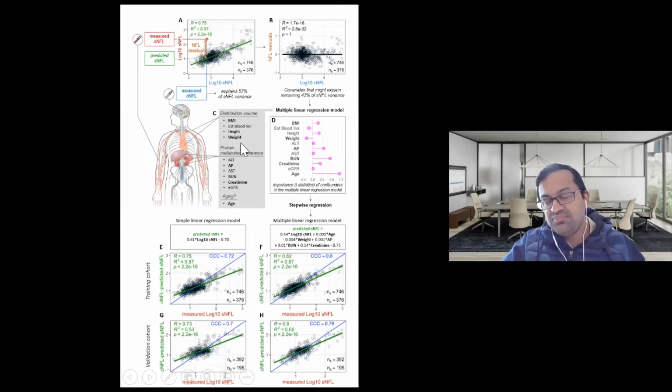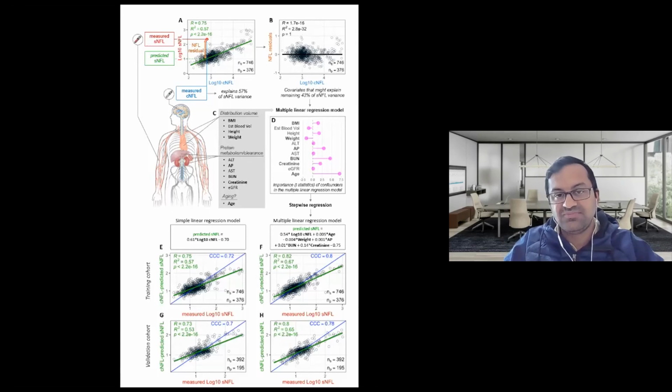If there is any problem in this metabolism or excretion system, then proteins accumulate in serum, which may affect these correlations. The third and very important factor is aging, because as persons age, there is a loss of blood-brain barrier integrity, or an increase in blood-brain barrier permeability. If there is increased permeability, more neurofilament light will be released from CSF to serum, and then serum measurement does not give you the exact idea about how much CSF neurofilament light is present.